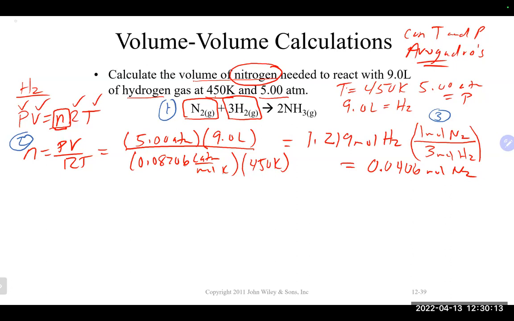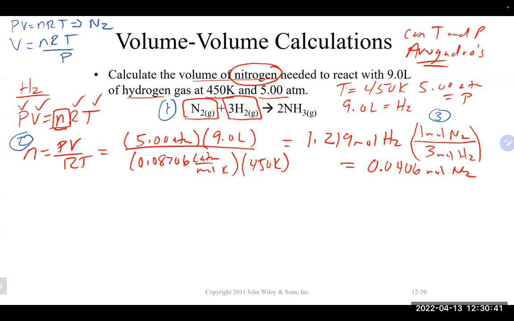I'm just going to go up high so hopefully people can see it. We're going to use PV equals nRT for nitrogen. In this case, we want to solve for volume, which would be V is equal to nRT over P. At this point, the pressure and the temperature are still the same: 450 Kelvin and 5 atmospheres.